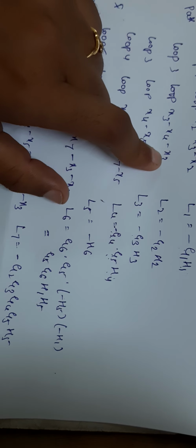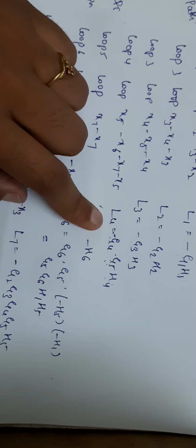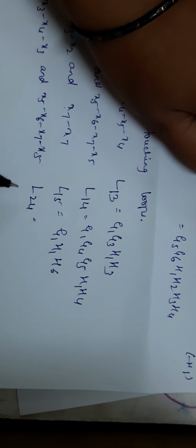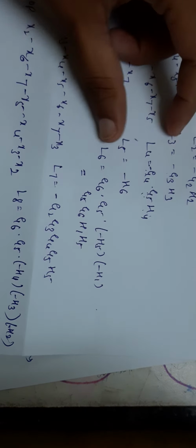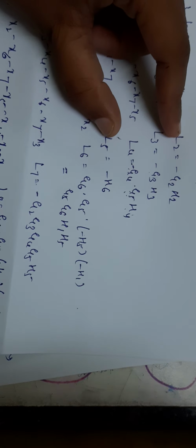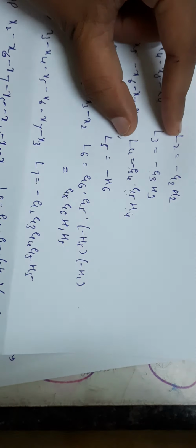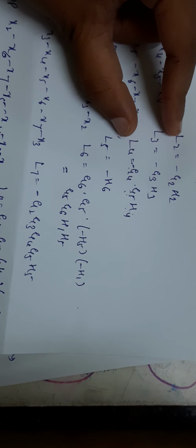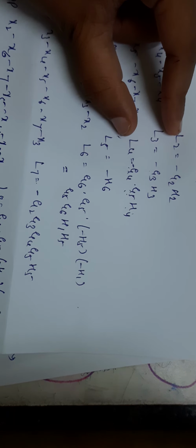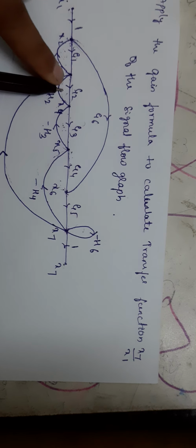X3, X4, X3 is L2 and X5, X6, X7, X5 is L4, so this is L24. The product is minus into minus plus, G2 G4 G5 H2 H4.